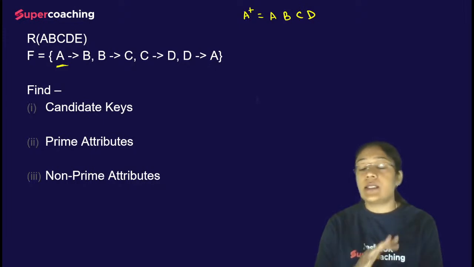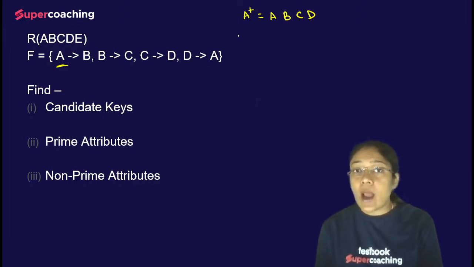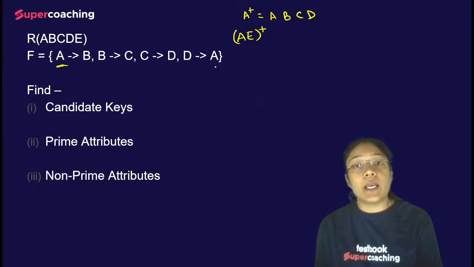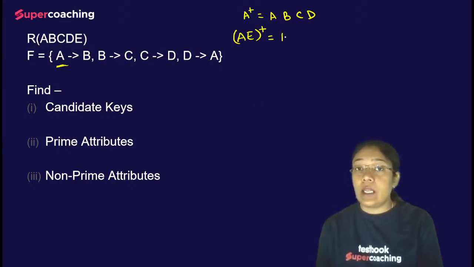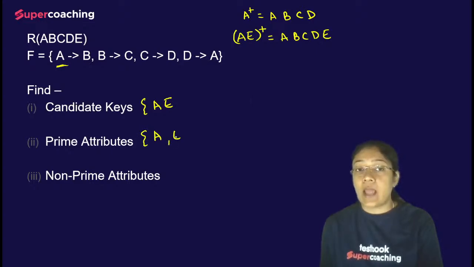So there is no possibility of getting a simple candidate key. I need to add E as well because attribute E is not covered by any functional dependency. So A is determining all the attributes and E will surely be determining itself. So the candidate key is AE, and the prime attributes are A and E.